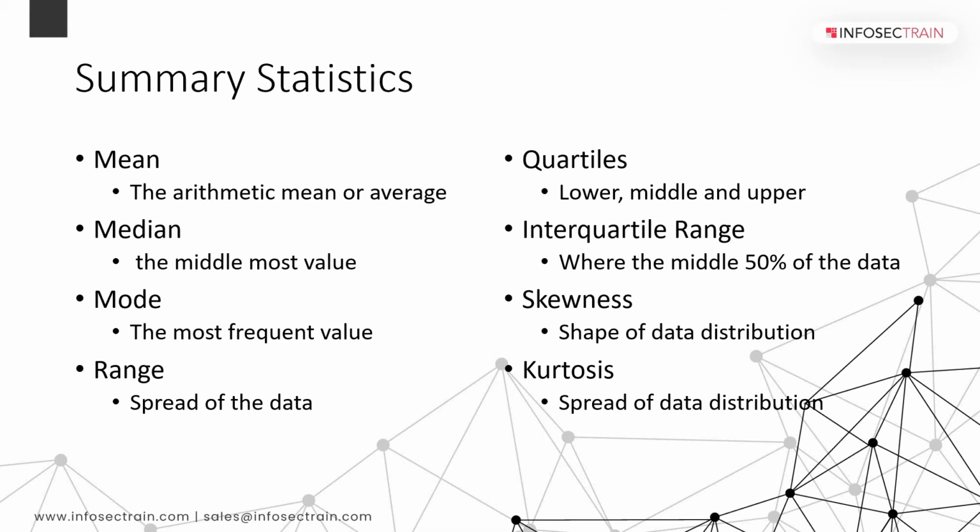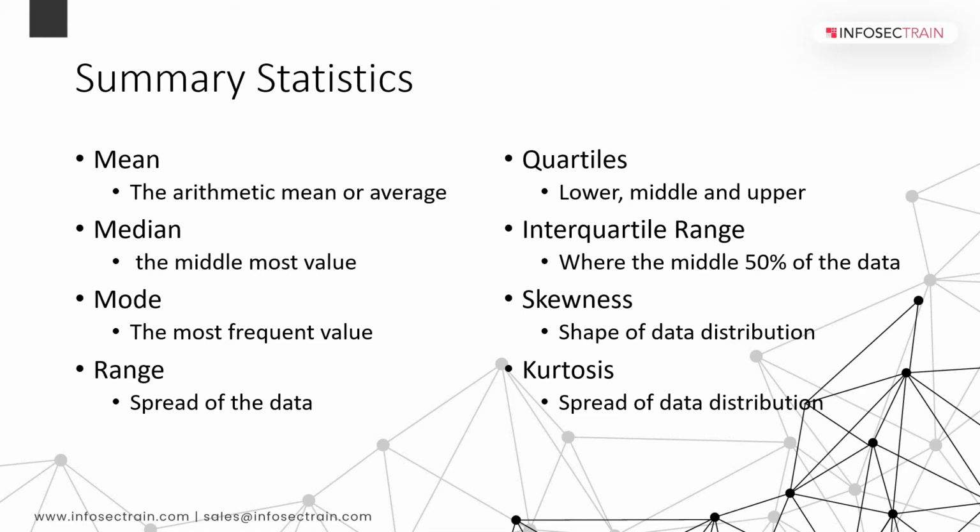We'll cover this when we plot the box plot in Spyder as well. The interquartile range is nothing but the difference between Q3 and Q1, meaning upper quartile and lower quartile. With the help of the interquartile range, we check where the middle 50% of the data is.